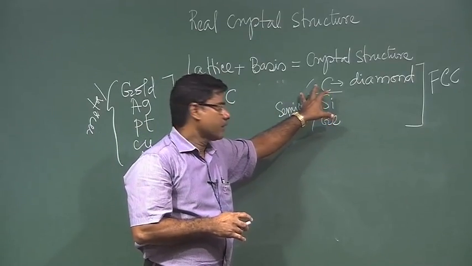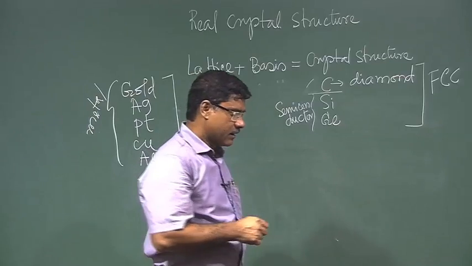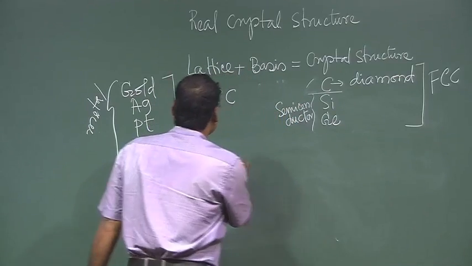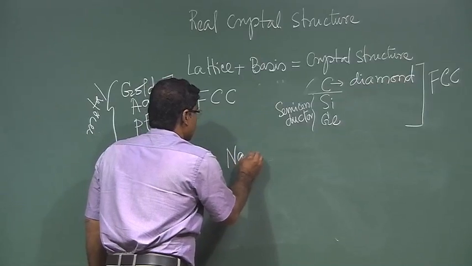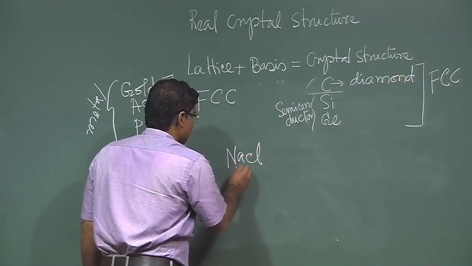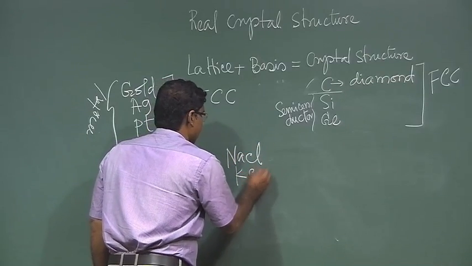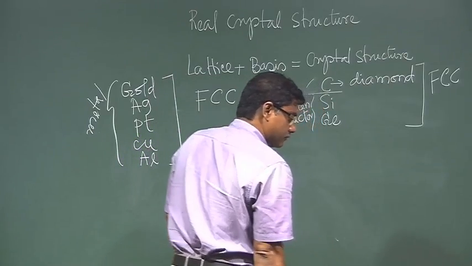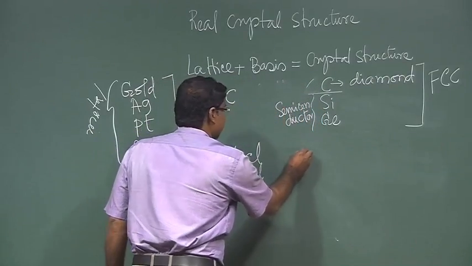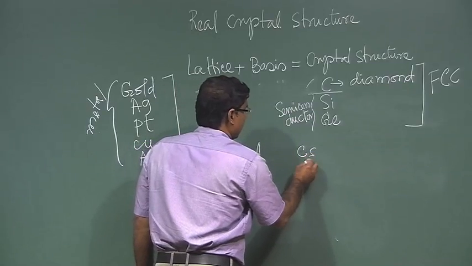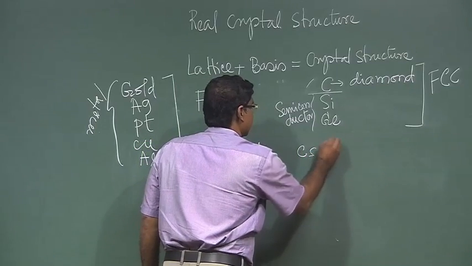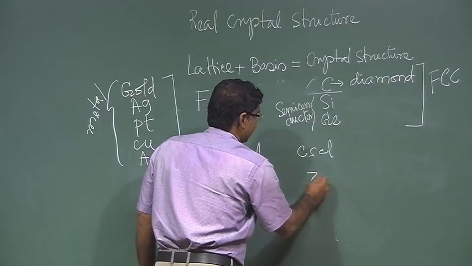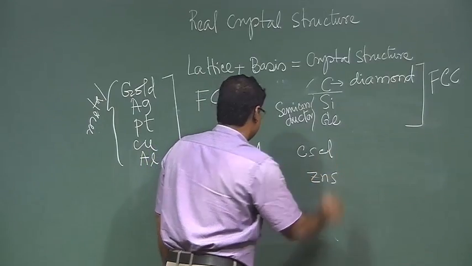So, let me tell some more materials like sodium chloride, potassium chloride, okay. Then cesium chloride, then zinc sulphide. Okay.